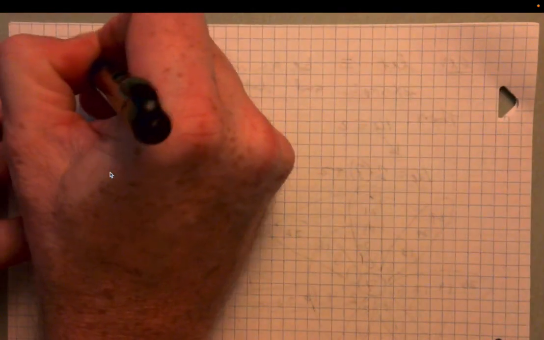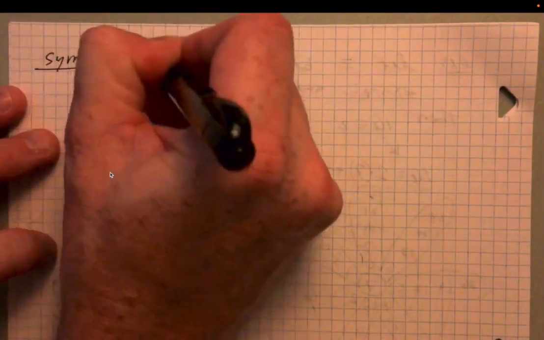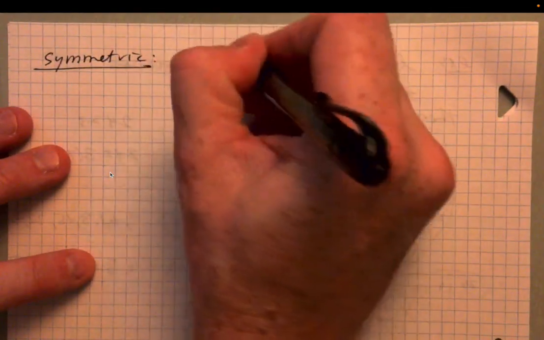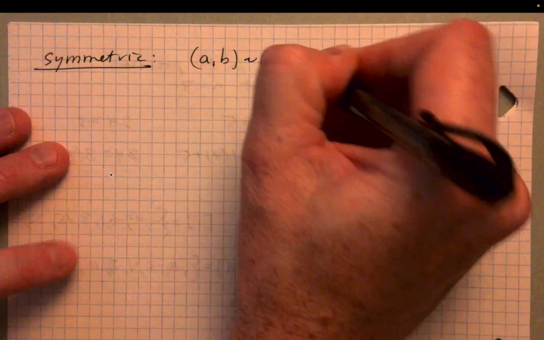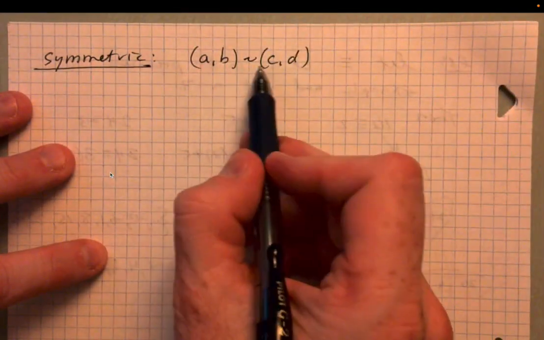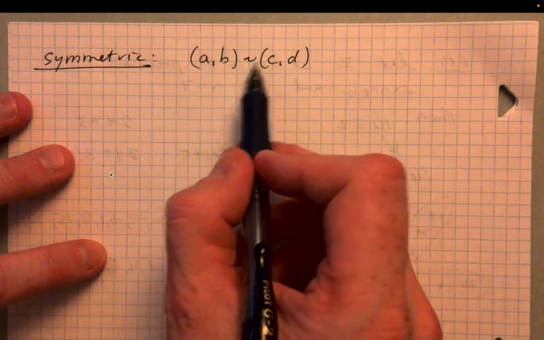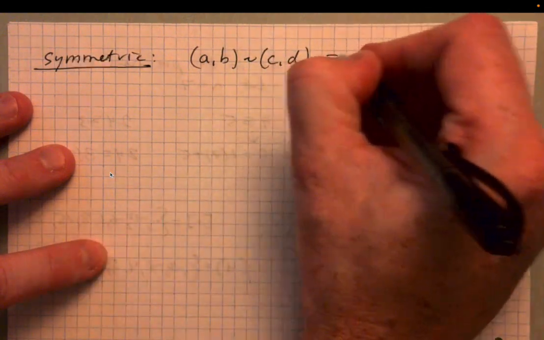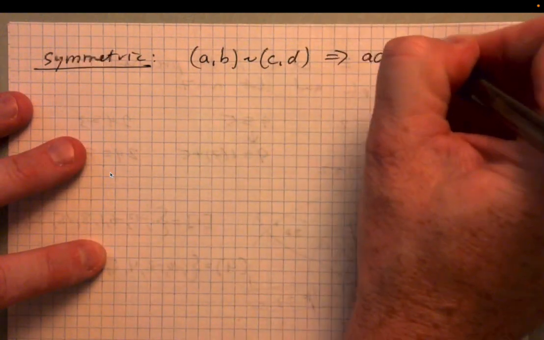Not a problem. What about the symmetric property? Do we have that? Let's see. (A, B), (C, D). Here's what we need to show. (A, B) equivalent to (C, D) implies that AD equals BC.